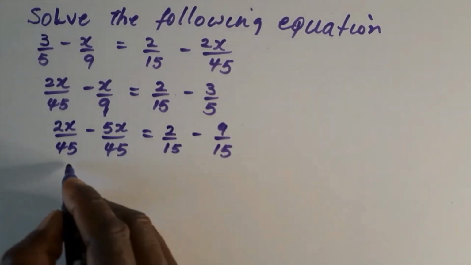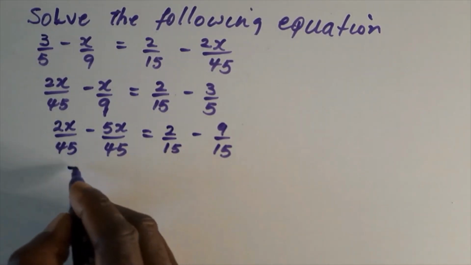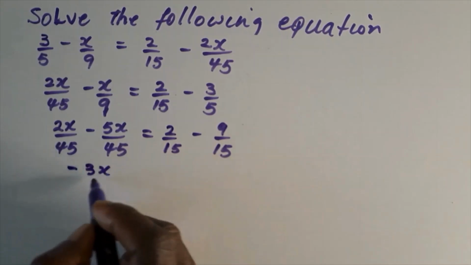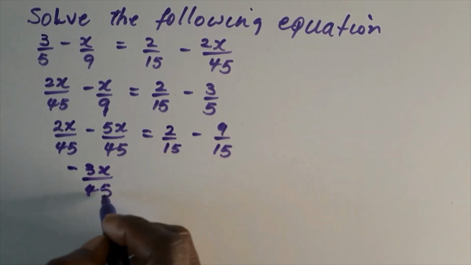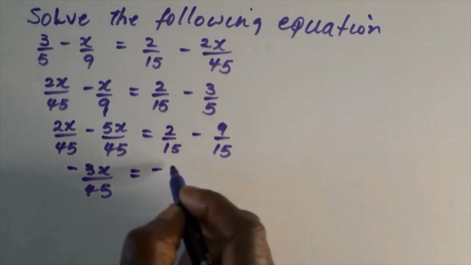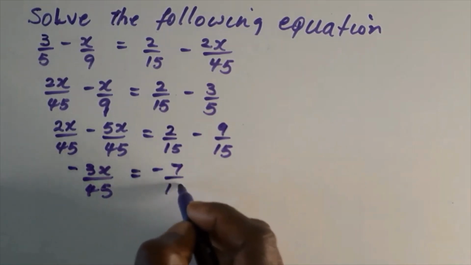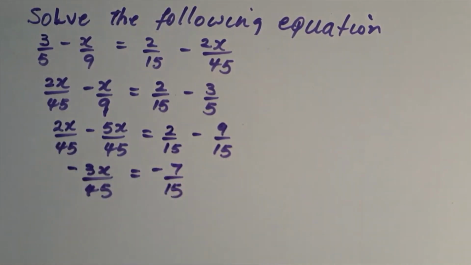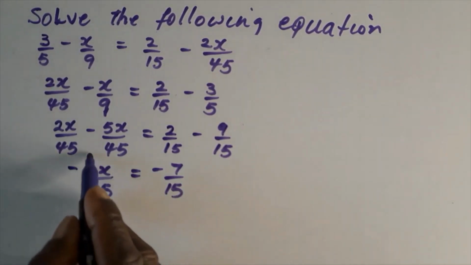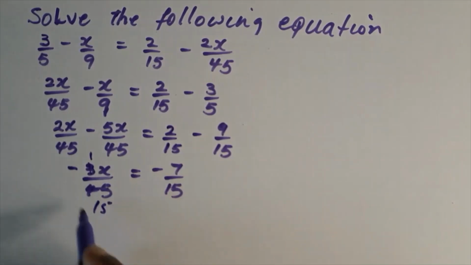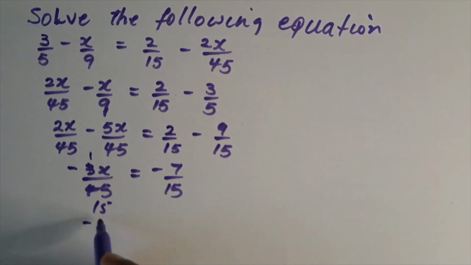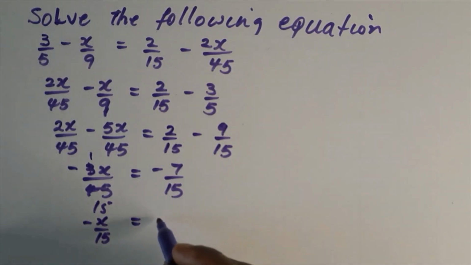And next, this gives us minus 3x over 45, and this is equal to minus 7 over 15. If we cancel here, we have 15, so this is minus x over 15 is equal to minus 7 over 15.